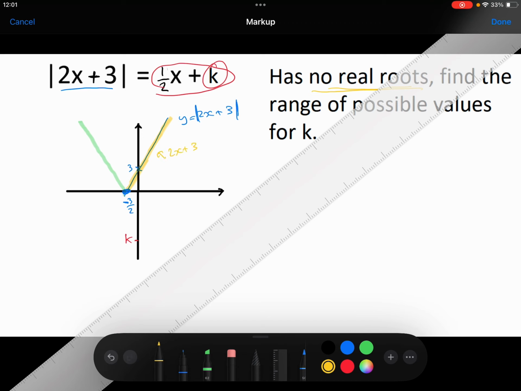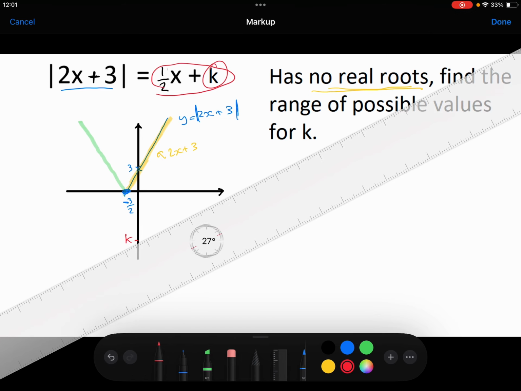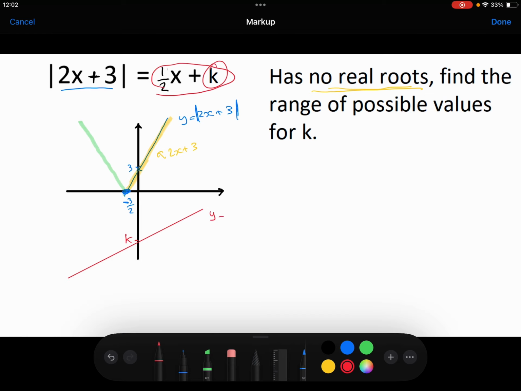So the red line I'm going to draw here of gradient of 1/2 is not very steep. So it might look something like that. This is the y equals 1/2 x plus k. And right now, the way I've drawn that could be suitable because the red line is not intersecting with the modulus graph. There are no real roots the way I've drawn that at the moment.